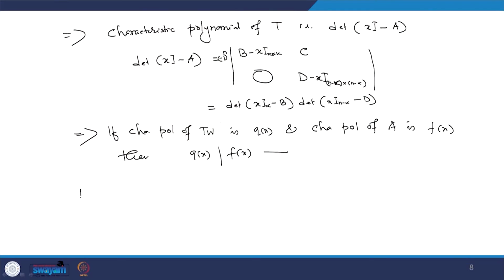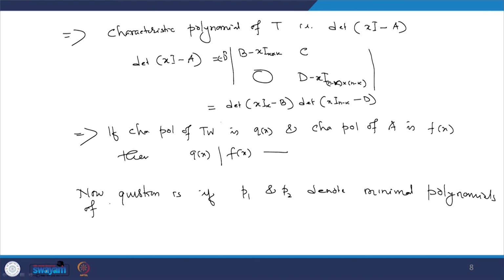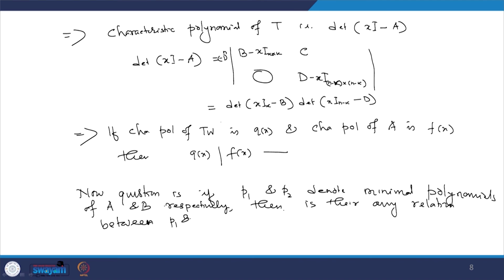To answer this question, let us see what the different powers of A are. Now, the question is, if P 1 and P 2 denote minimal polynomials of A and B respectively, then is there any relation between P 1 and P 2? That is the question.